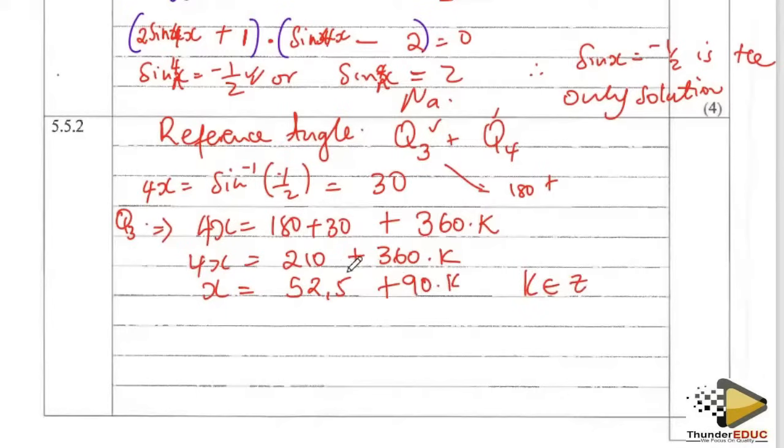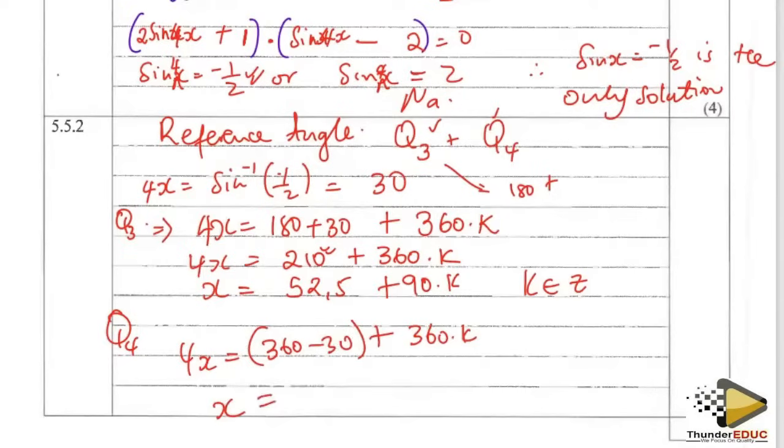So if it's a division or a multiplication, it affects everything. But if it's just addition or subtraction, it affects just the angle on the left-hand side. That is quadrant number 3. Then in quadrant number 4, I'll still have my 4x equal to 360 minus 30 plus 360 times k. Remember, quadrant 4 is represented with 360 minus the angle. Then 360 minus 30 is 330.